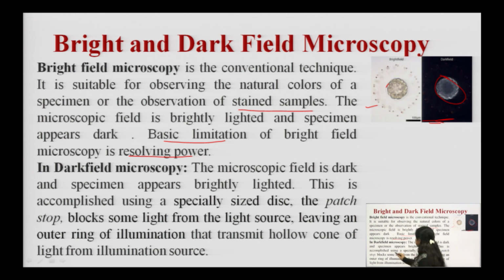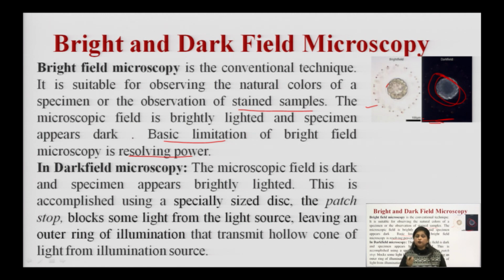This is accomplished using a specially sized opaque disc attached to the instrument. The opaque disc or patch was attached to block the light, so that light will not pass through the whole slide, but will only pass through the image, so that your image looks brighter but the whole background looks darker.